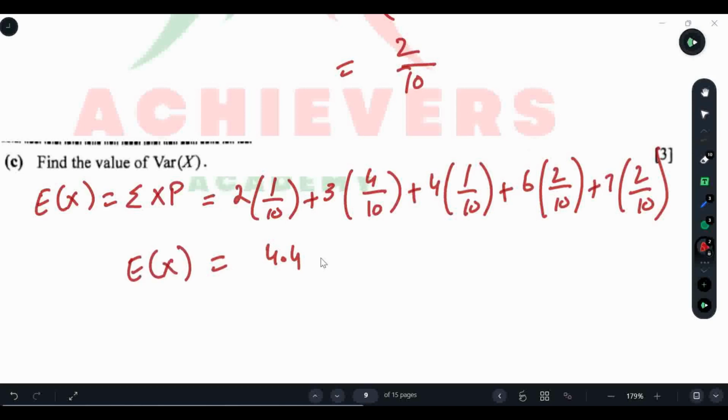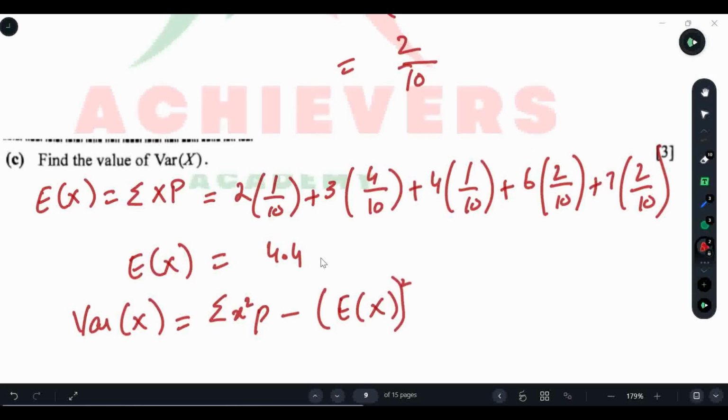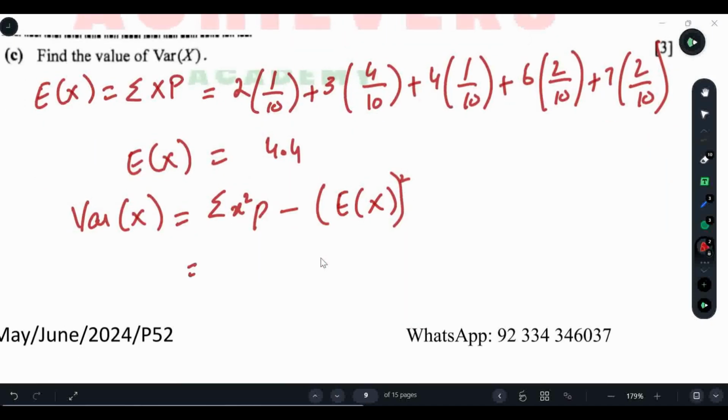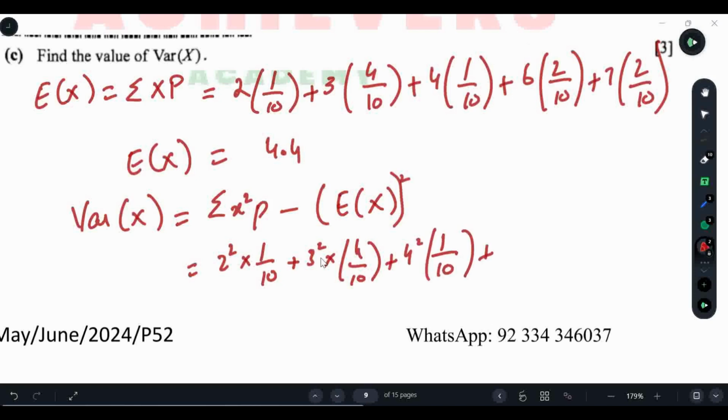Now let's see how we can find out the variance. The formula for variance of x was summation of x square p minus expected value of x, whole square. Now we just need to simplify it like this: 2 square multiplied by 1 by 10 plus 3 square multiplied by 4 by 10 plus 4 square multiplied by 1 by 10 plus 6 square multiplied by 2 by 10 plus 7 square multiplied by 2 by 10.